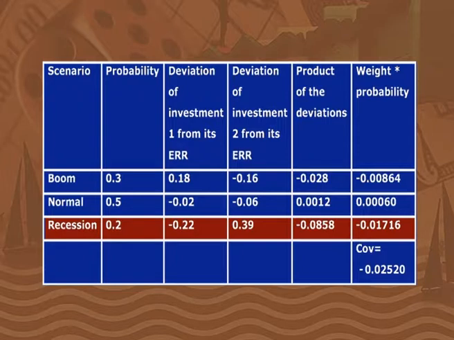Under scenario 3, which is recession, the probability of the same is 0.2. The deviation of investment 1 from its expected rate of return is minus 0.22. The deviation of investment 2 from its expected rate of return is 0.39. The product of these deviations in recession times is minus 0.0858.